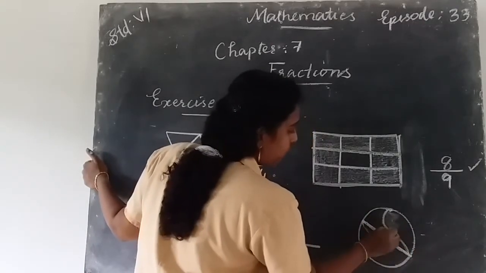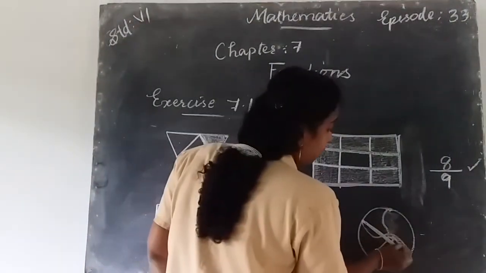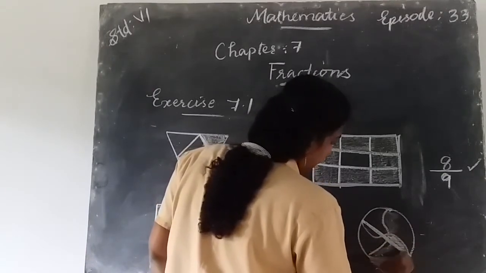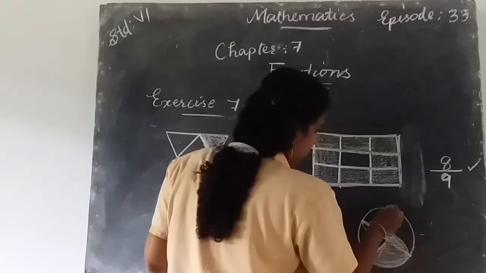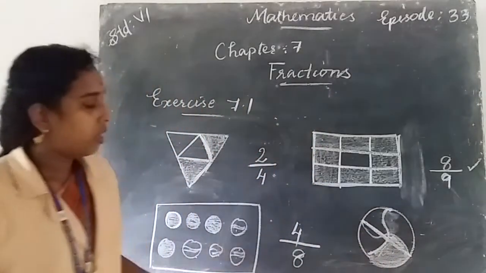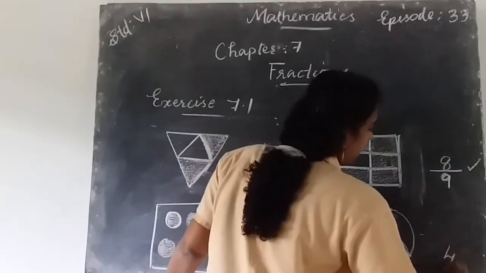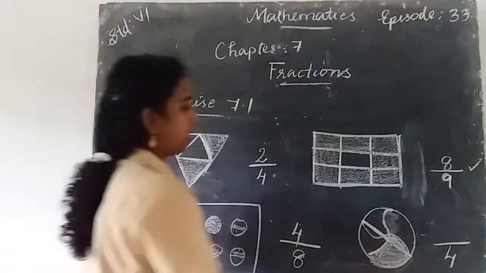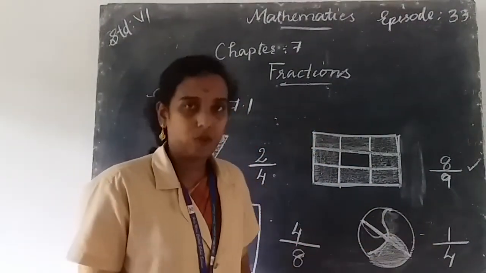Sorry, this is divided into 4 parts: 1, 2, 3, 4. The whole is divided into 4 parts, and there is one shaded region. So write 1 as the numerator. So the fraction is 1 by 4.